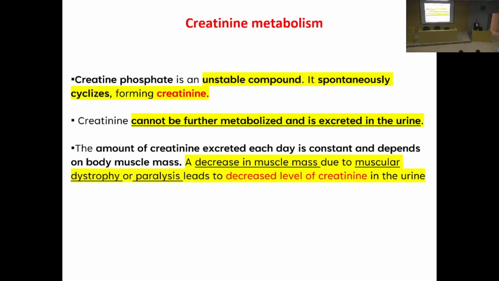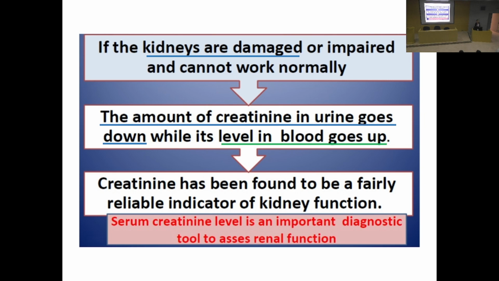All right, so definitely when you have, for example, any muscle problems, or a decrease in muscle mass, in case of paralysis or muscular dystrophy, of course your muscle mass will decrease. So definitely your creatine will decrease, and your creatinine as well will decrease in the urine. That's why creatinine is used as a diagnostic tool for kidney function.